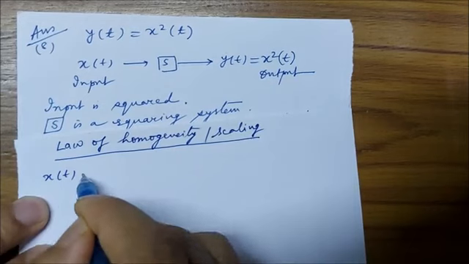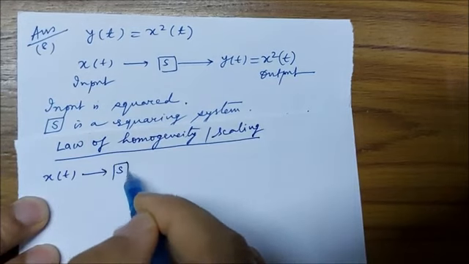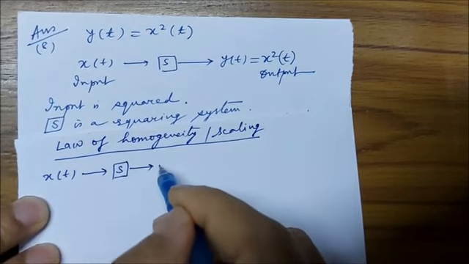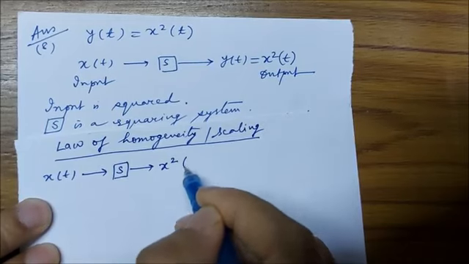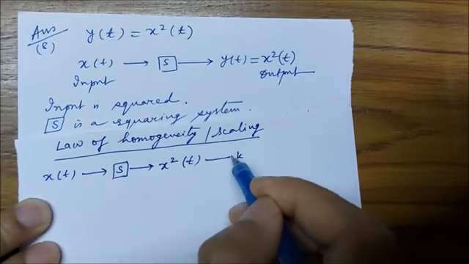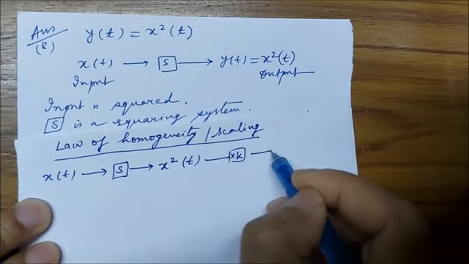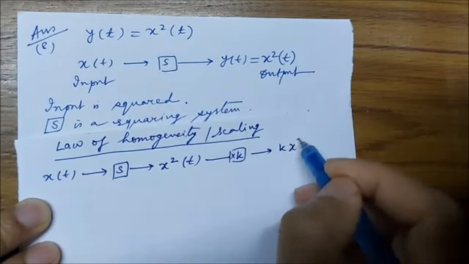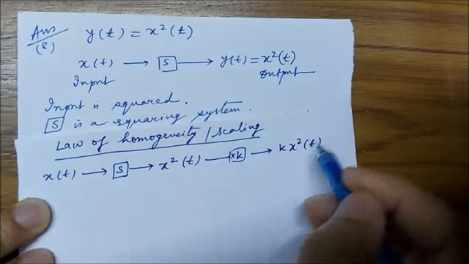So this is the stimuli which is applied on the system, and it being a squaring system, x goes to x square. Now apply the scaling. So what we get is k into x square t.